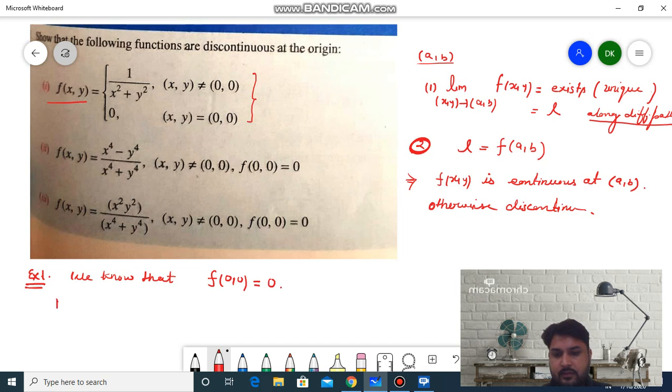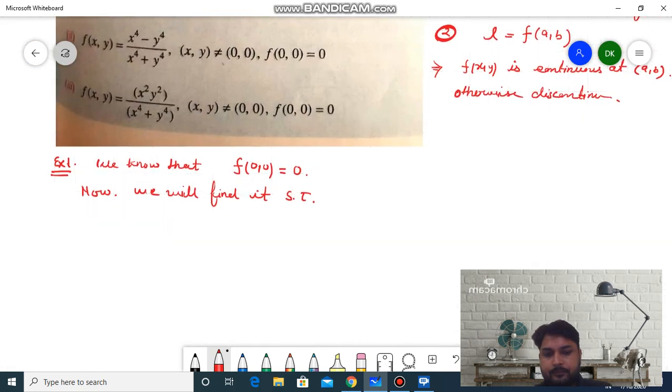Now we will find its simultaneous limit. So first of all, we take the path along the x-axis.